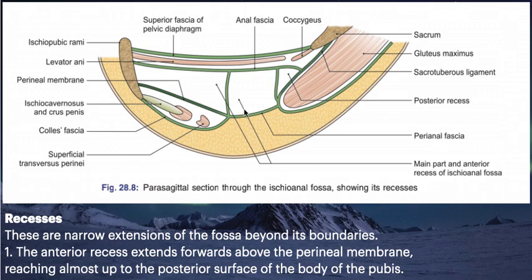So the anterior recess extends forward above the perineal membrane, reaching almost up to the posterior surface of the body of the pubis, and this part is related closely to the prostate, or the vagina in females.